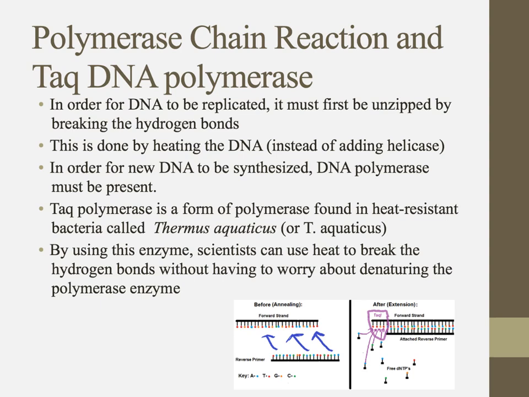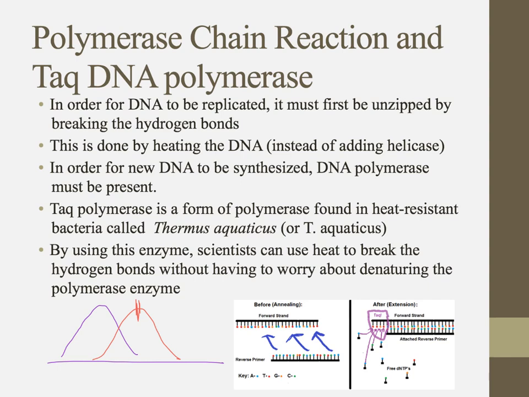Human DNA polymerase has an optimal temperature around here, whereas Taq polymerase has an optimal temperature all the way up here. So it's working fastest at a much different temperature range.